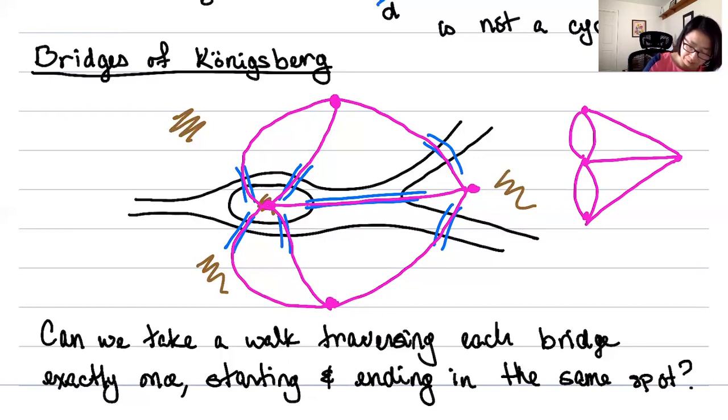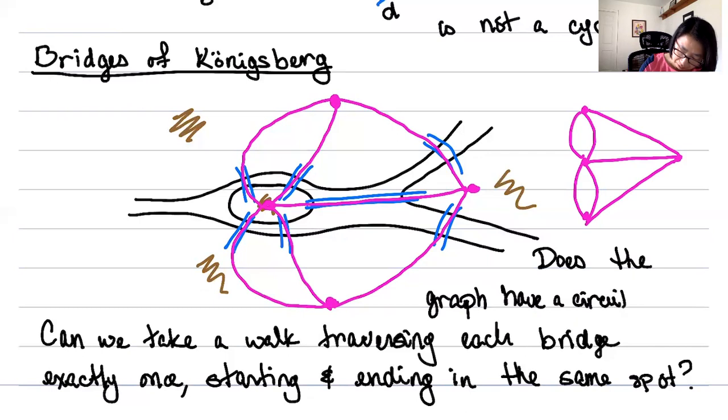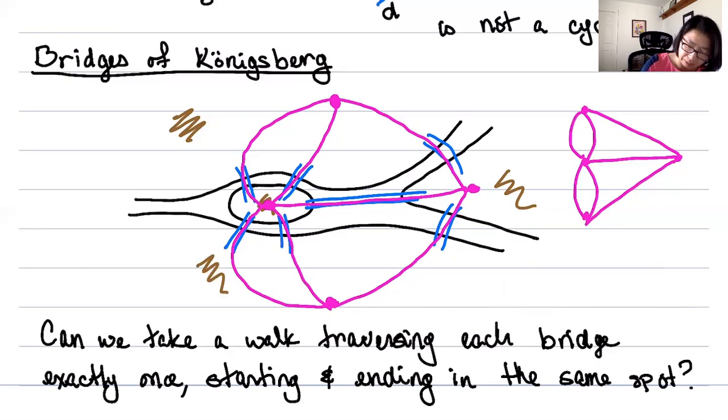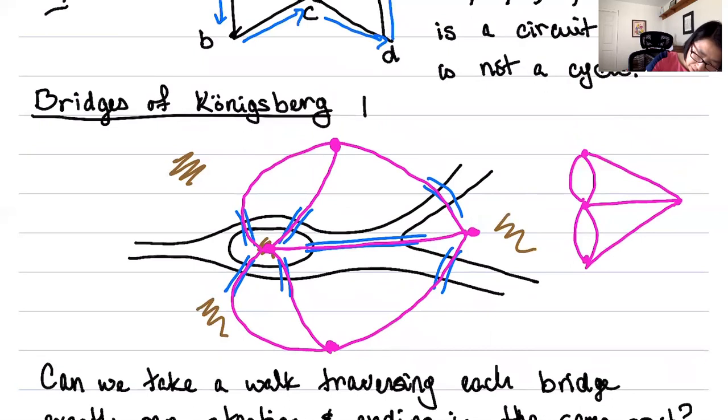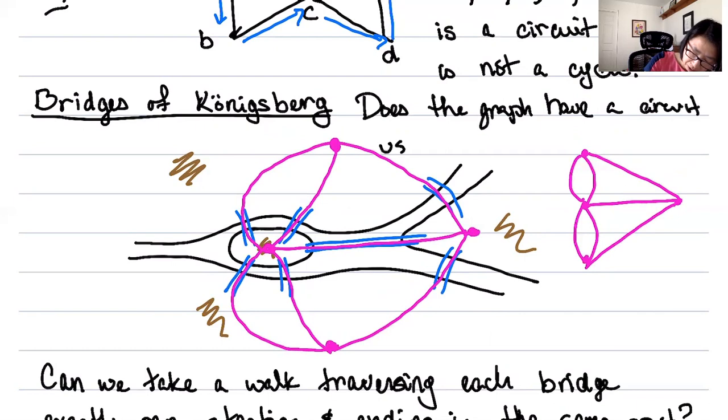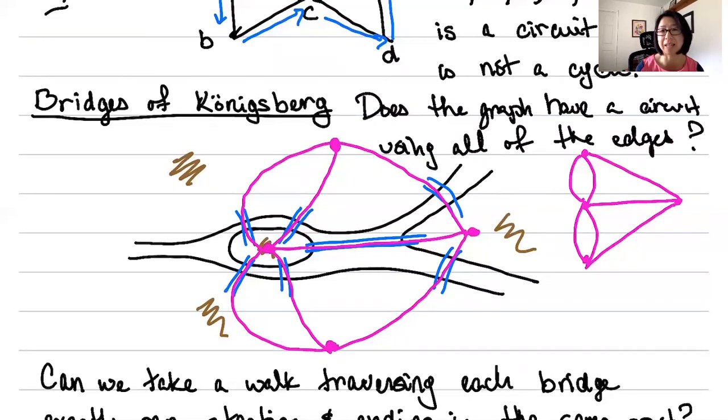Okay, so translated into graph theory, does the graph or pseudograph have a circuit using all of the edges? And circuits can't repeat edges, so all of the edges exactly once.